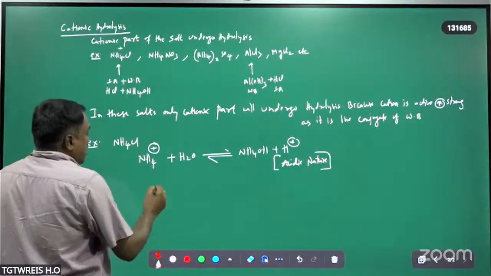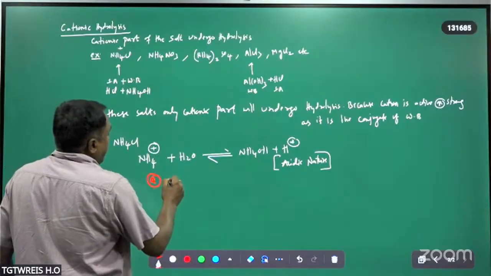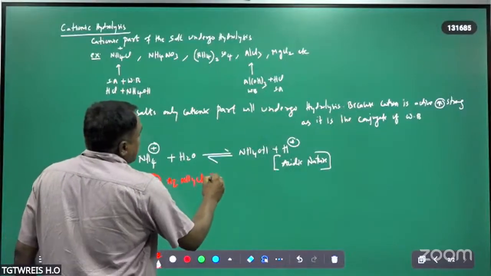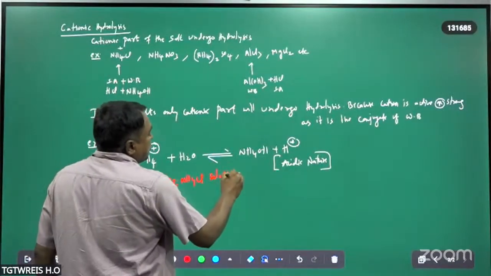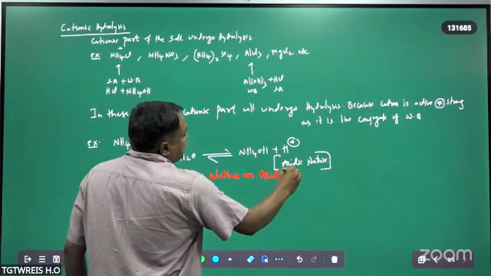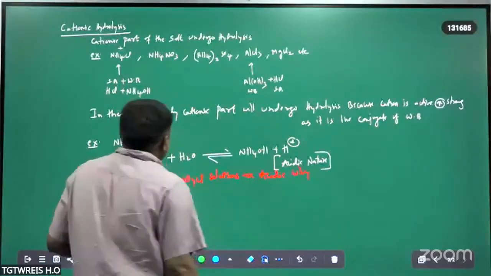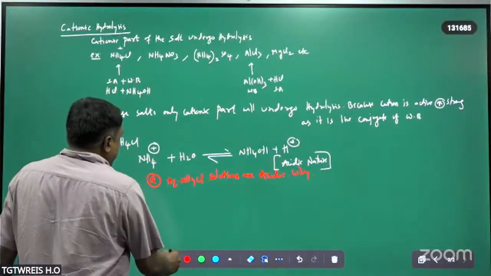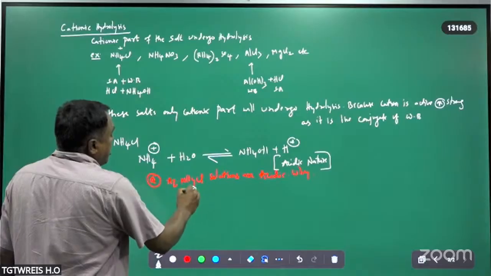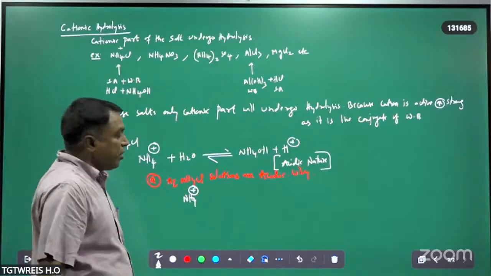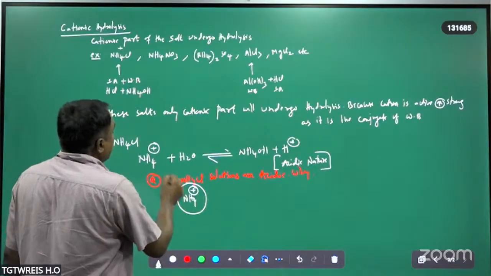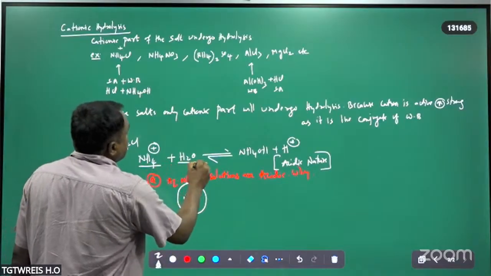So the question is like this now. Aqueous ammonium chloride solutions are acidic. Why? Because in aqueous ammonium chloride, the cation, the cationic part of the salt, is undergoing hydrolysis.